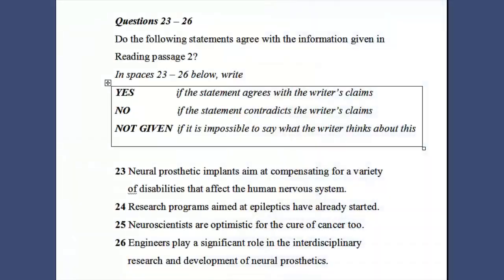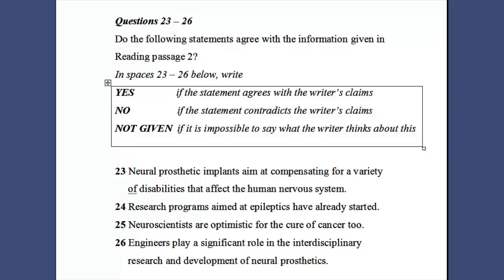Okay, and now let's see a yes, no, not given task as an example. Well, okay, this is a yes, no, not given task. I don't have to tell you again to read the instructions carefully, so let's do it together. Questions 23 to 26. Do the following statements agree with the information given in reading passage 2?